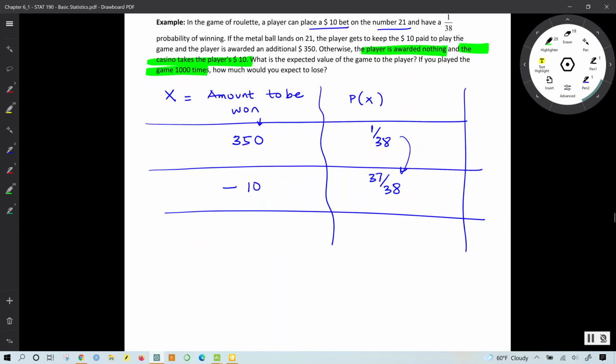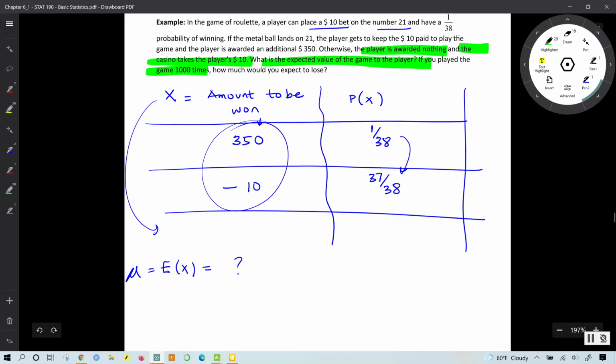So, with that said, we are ready to calculate the expected value of the game to the player. So, the expected value, same as the mean, will be equal to, let us see. So, we'll go back into StatCrunch. We're going to key in these values and then key in this value in StatCrunch.